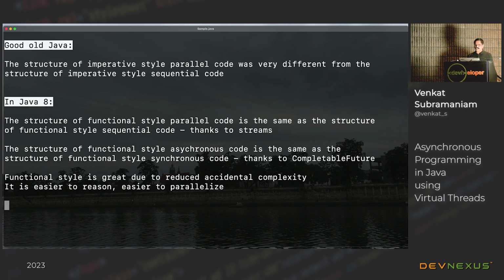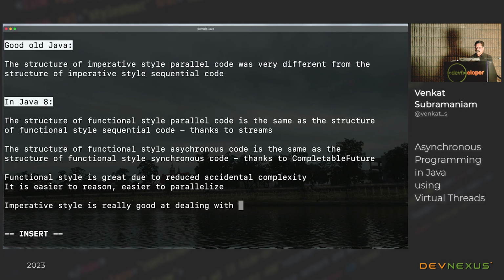What is functional style not good at? Functional style is not good at dealing with side effects. It is not as good at dealing with exceptions either. Imperative style is really good at dealing with side effects and exceptions.